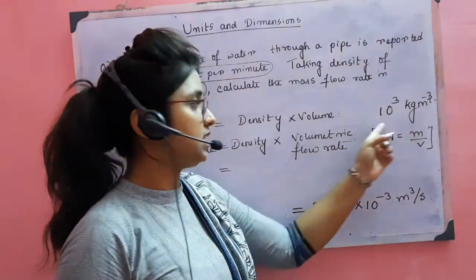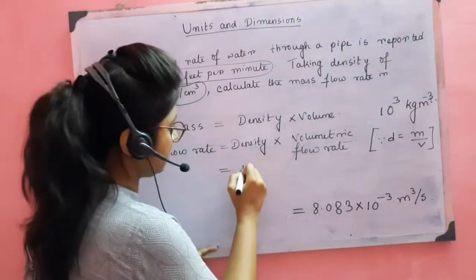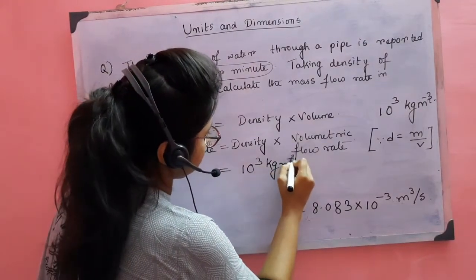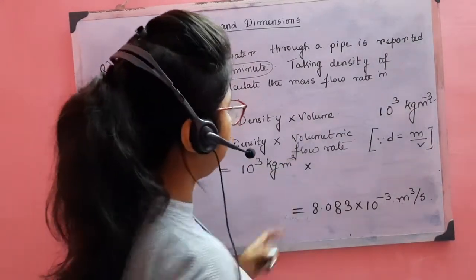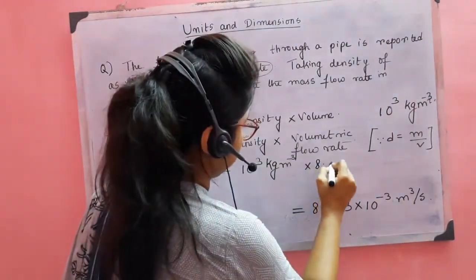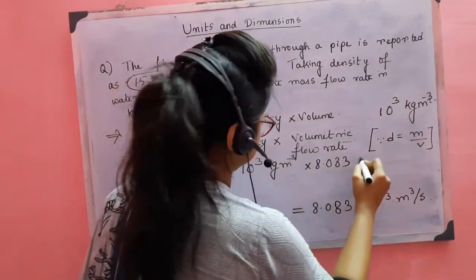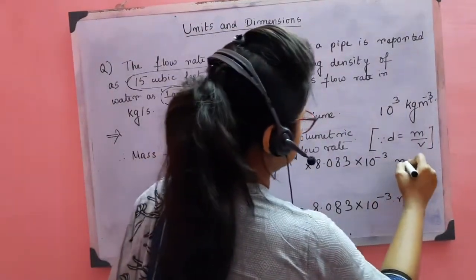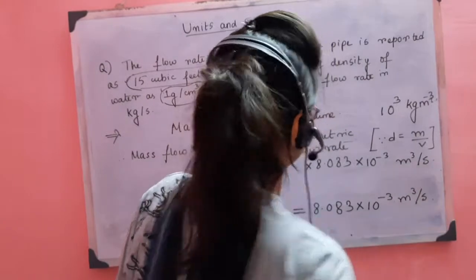So I'm putting density in kg per meter cube unit, 10 to the power 3 kg per meter cube into, for volumetric flow rate, here is my calculated value, 8.083 into 10 to the power minus 3 meter cube per second.